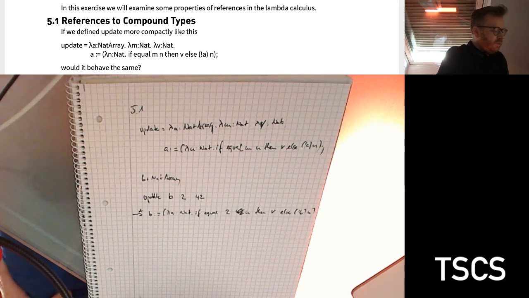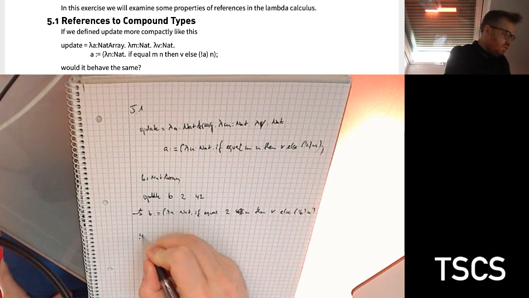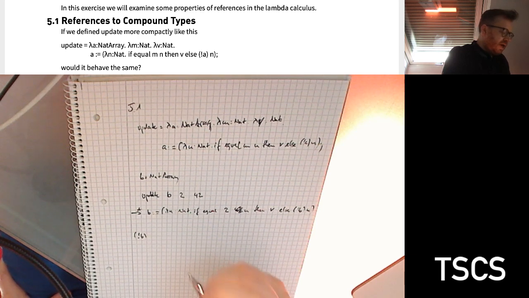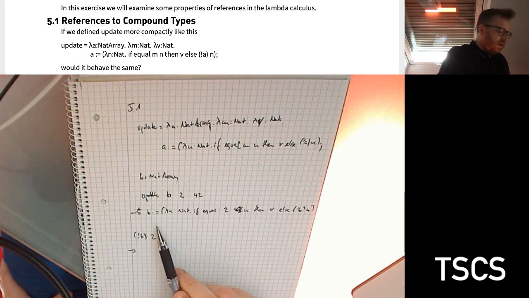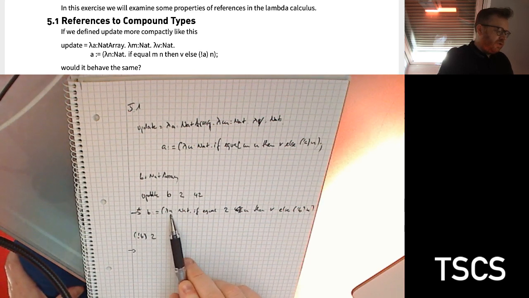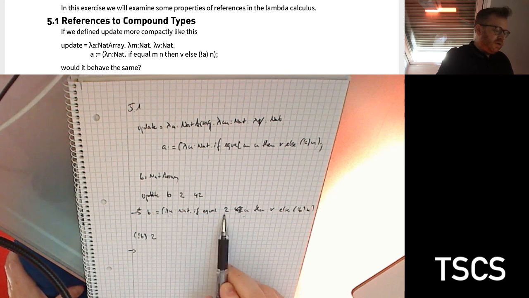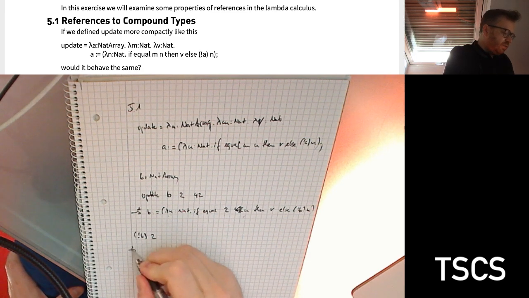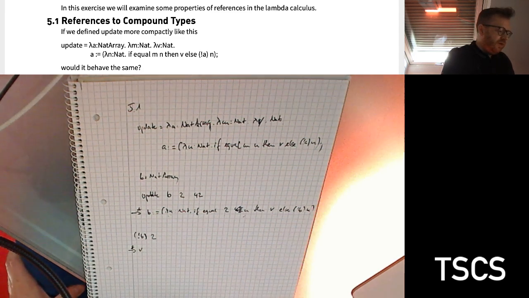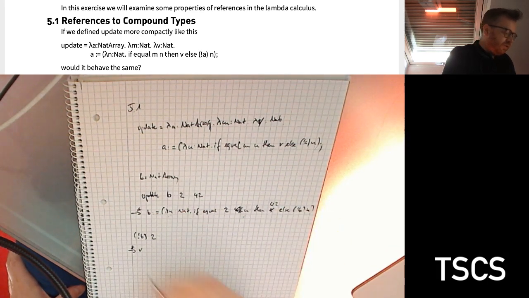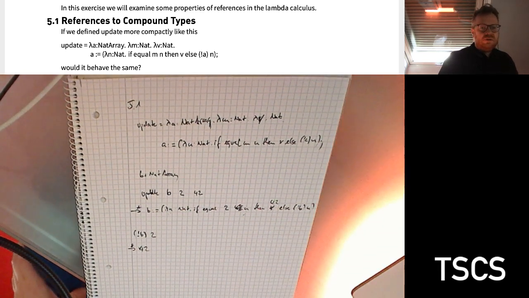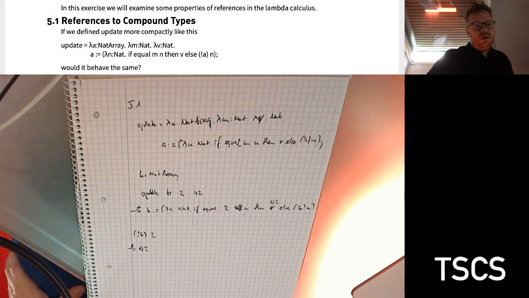But then if we would use this array, what would happen? So if we now say, okay, let's say we dereference B and look up 2, what would happen then? Well, it would exchange n by 2 in this, and equal 2 and 2 is true. Then this would in multiple steps evaluate to v, and this is also 42 here and 42 here. So this would work somehow fine.